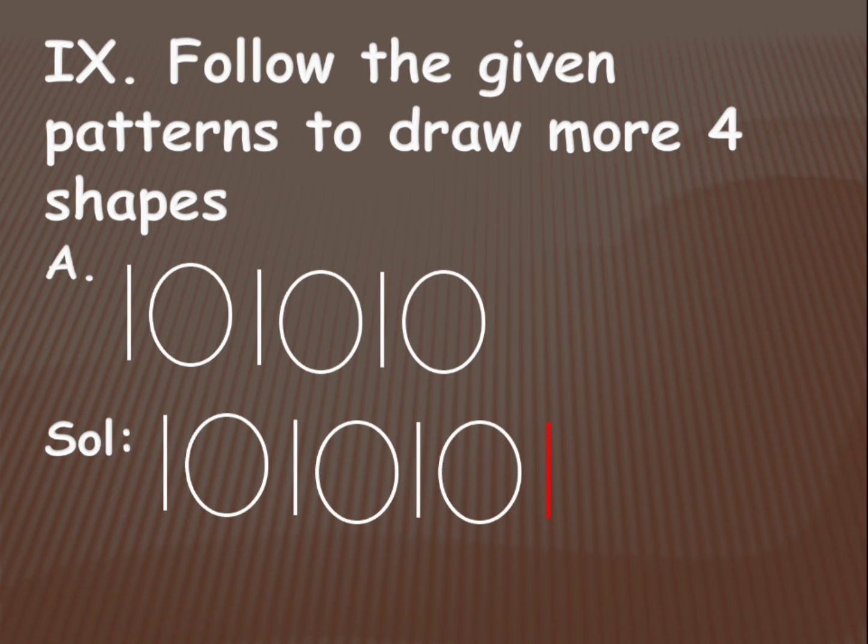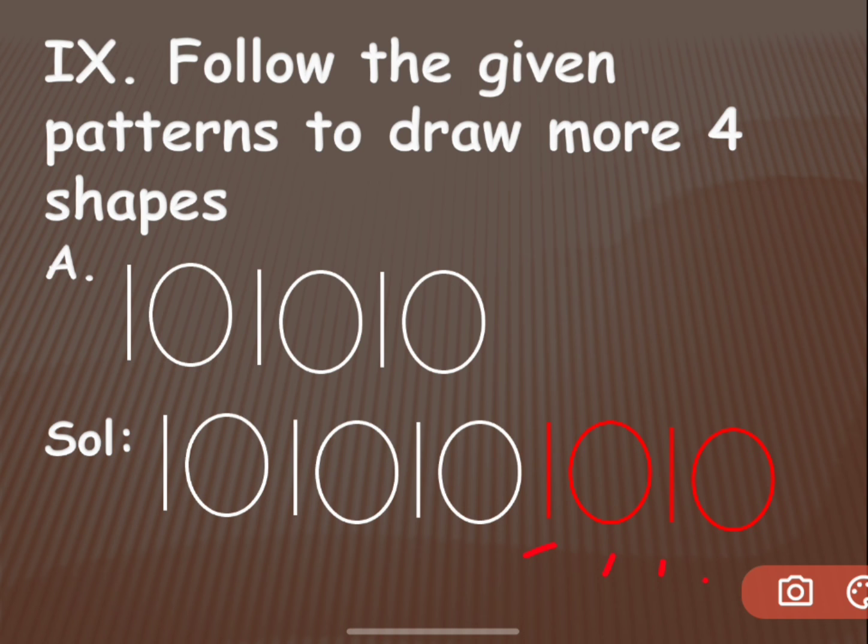After standing line you will get a circle, so you will draw a circle. We finished with 2, but how many do we have to draw? 4, isn't it? So again standing line and circle. Now we finished with 4: 1 2 3 4. In this way you need to understand the pattern and write it down.